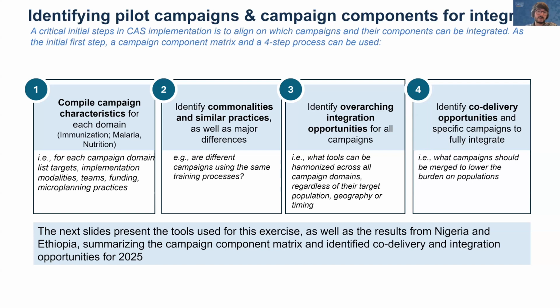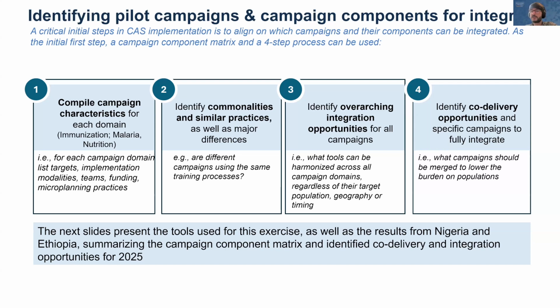Then using the integration matrix that I will show you in a minute, broader opportunities such as tools or systems that could be used across all campaigns, regardless of disease area or target group, can be explored. And finally, the process helps identifying specific campaigns that could be co-delivered. So that's planned and implemented together to reduce the burden on both communities and health workers.